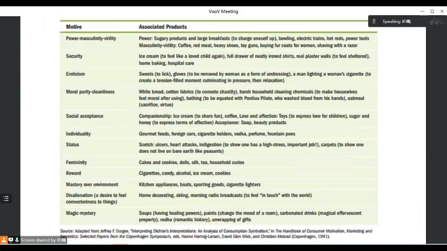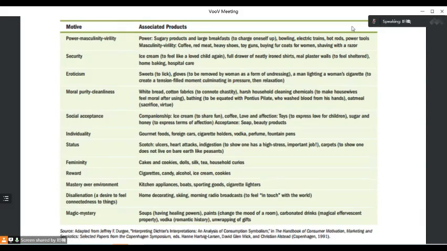Here is the list of motivations and the associated products. Now you can have a look at this relationship, the motive and the corresponding associated products.